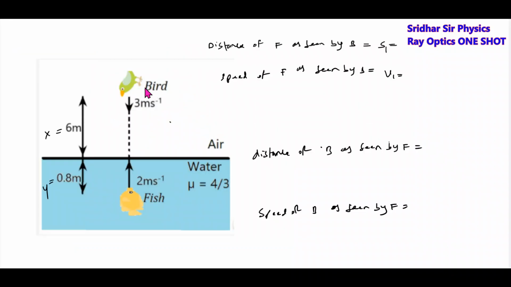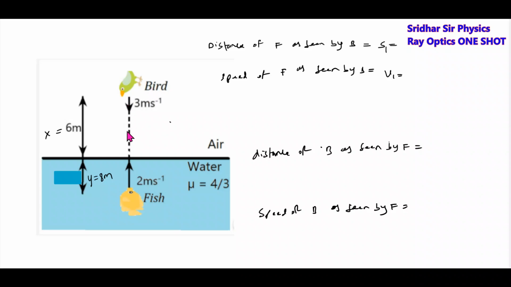Okay, now there's a bird at a height of 6 meters from the boundary, and we have the fish at a depth of 8 meters, I'll make it 8 meters.